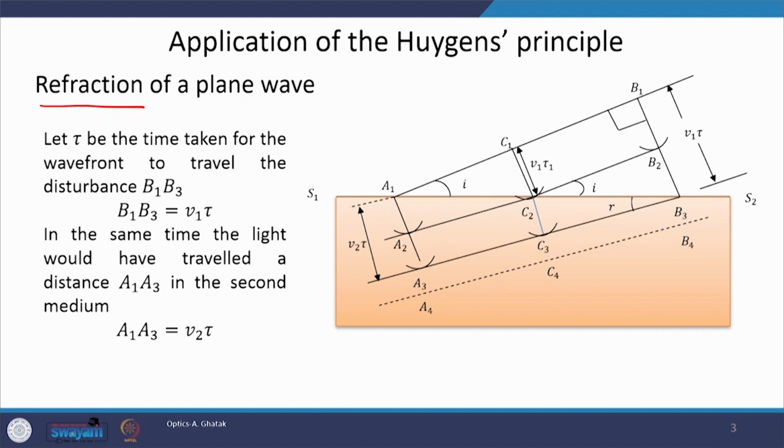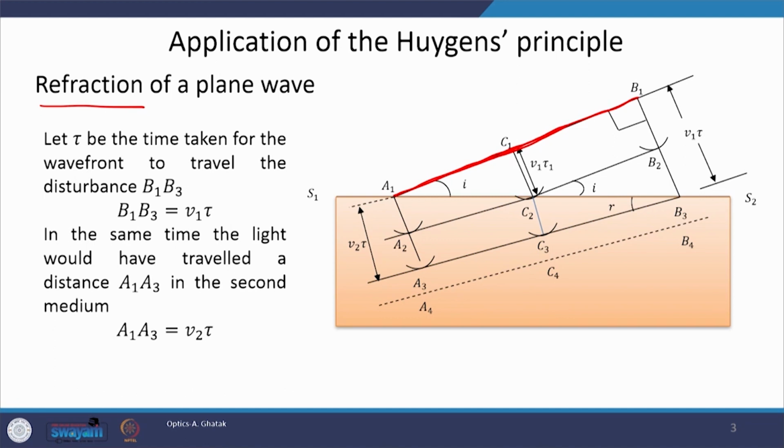Now we will start here with a plane wave, and the wavefront of this plane wave is represented by this AB line here. Suppose this is a cross section of a plane which is in the form of a line, and this A1 B1 wavefront falls at an angle at an interface S1 S2.